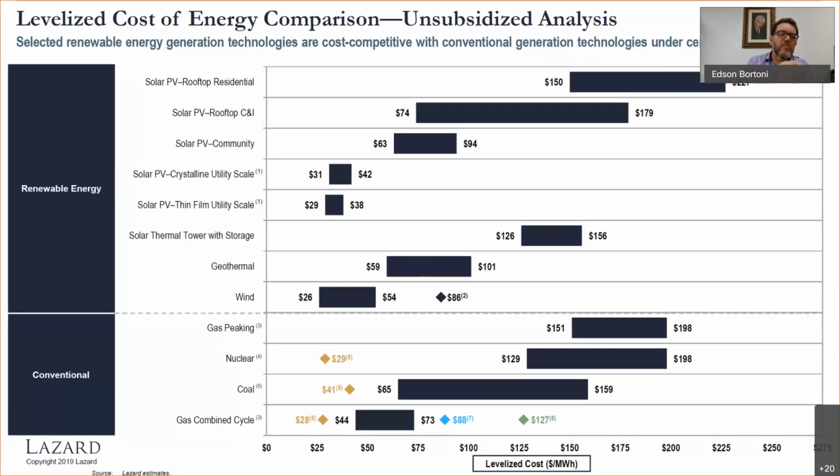You can look for this company on the internet, and those data are from 2019. It is very new because the data from 2020 were not released. So here you have the levelized cost in terms of dollars per megawatt hour.